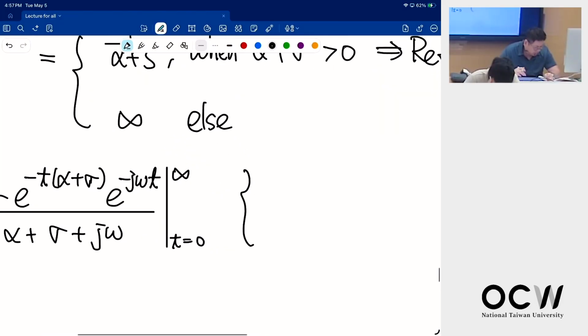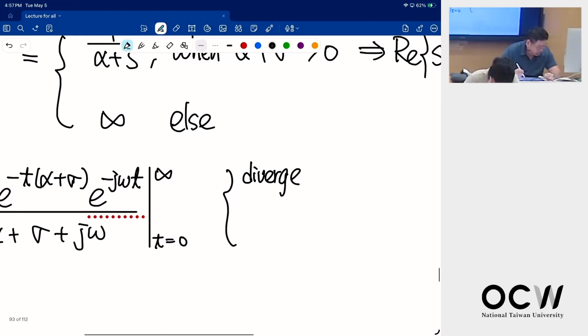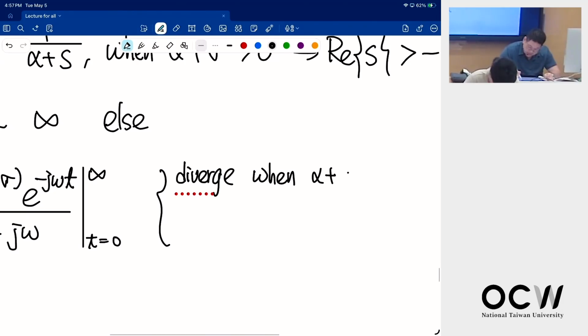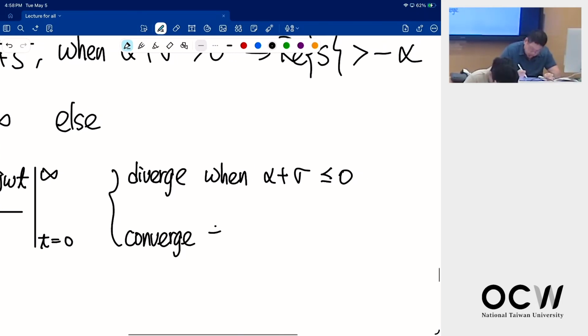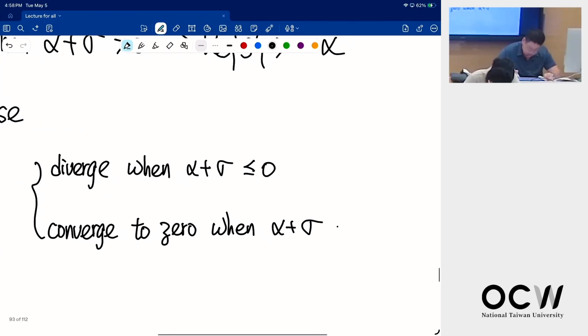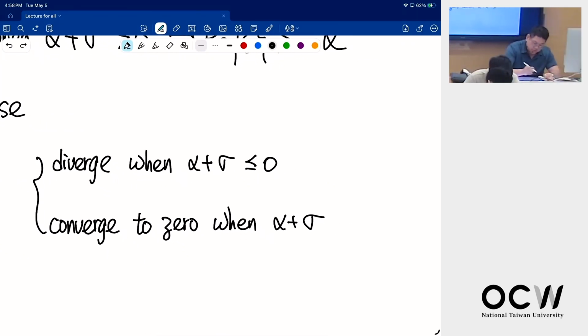It will either diverge or converge. When will it diverge? When alpha plus sigma is less than or equal to 0. Otherwise it will converge, and converge to 0 when alpha plus sigma is greater than 0.